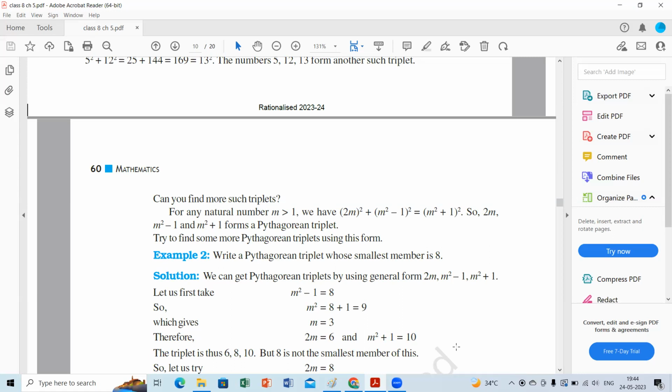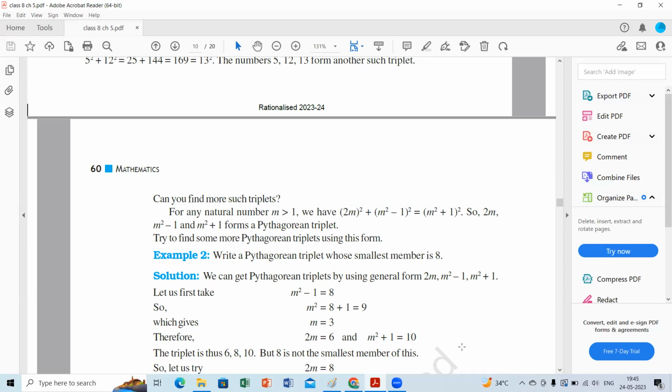Which is the largest one, which is the smallest one in a Pythagorean triplet? m square plus 1 is the largest one, which is the hypotenuse. 2m is the smallest one. No, we are not sure whether 2m is smallest or m square minus 1 is smallest. 2m may be smallest. But in this case, which one are you going to equate? That's more important, children. You have to think a little logically here.